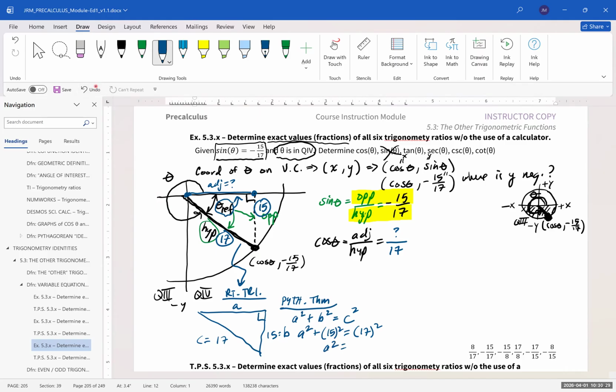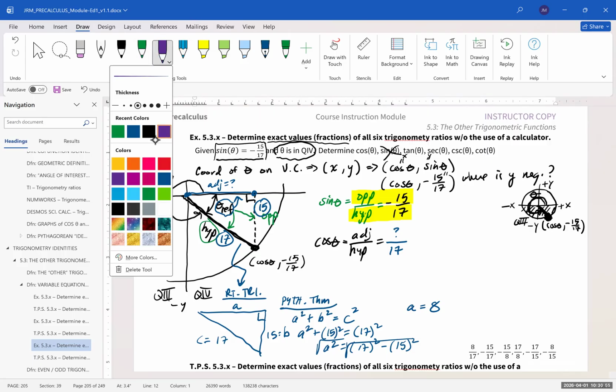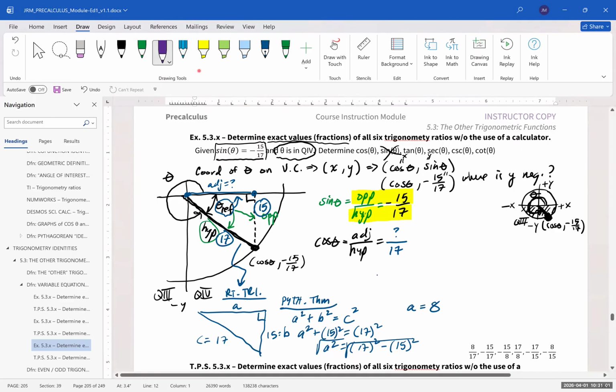We're going to have a squared is equal to 17 squared minus 15 squared. Take the square root of both sides, and this will give us a value of a, which is 8. Maybe we'll use a different color here. Okay, so this adjacent side is actually a value of 8.